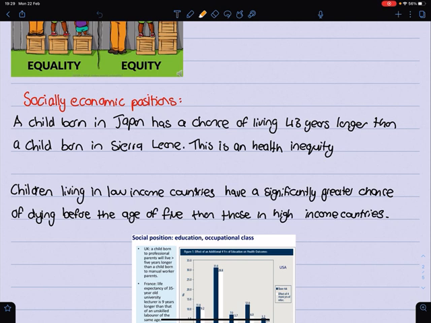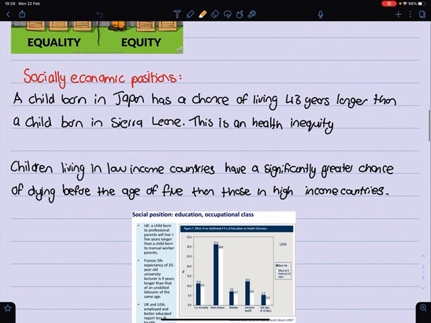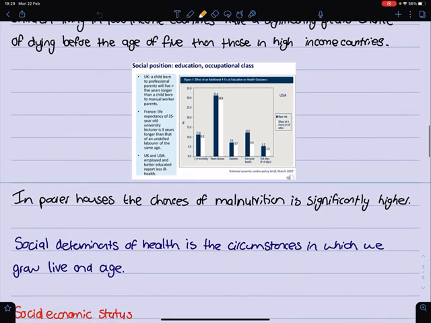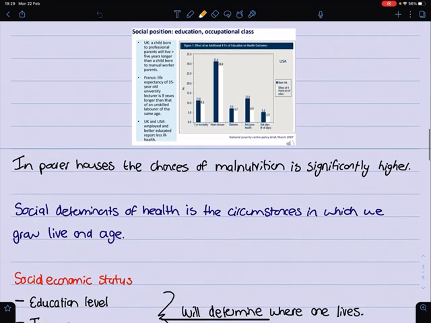So this shows what an impact socio-economic position has. Children living in low income countries have a significantly greater chance of dying before the age of 5 than those living in high income countries. Also, in poorer houses, the chance of malnutrition is significantly higher, which makes sense.